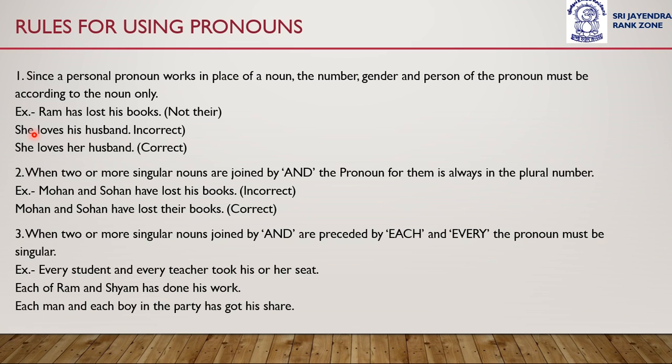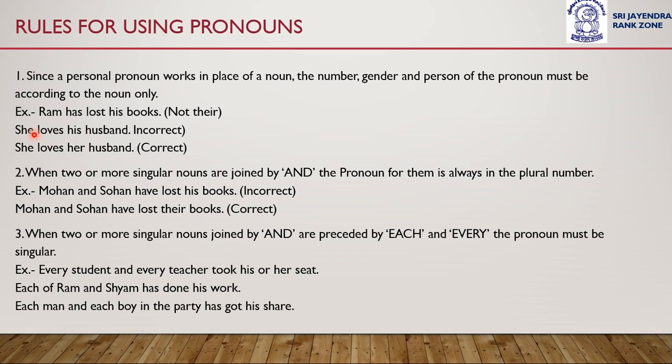Alright. Let us take one other example. Each of Ram and Sham has done his work. Here as well you can see we have used his instead of their. Why? Because Ram and Sham is preceded by each. Another example can be each man and each boy in the party has got his share.